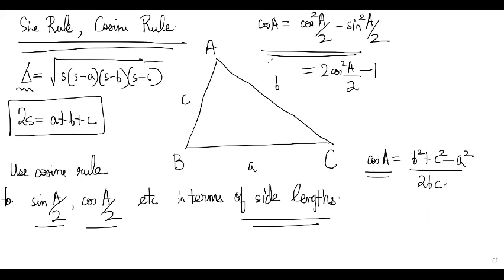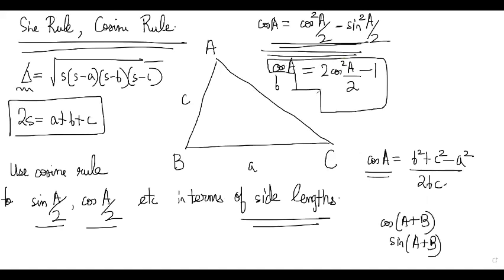Now, if someone doesn't know this, what you need to know is how to get the formula for cos(A plus B) and sin(A plus B). There is a geometric proof of these formulas.